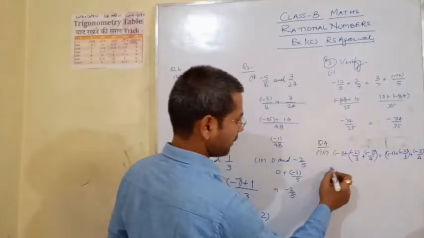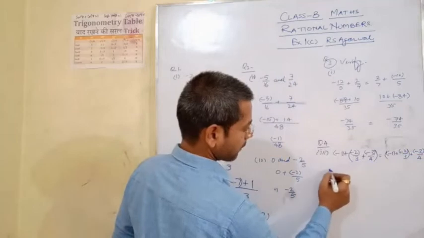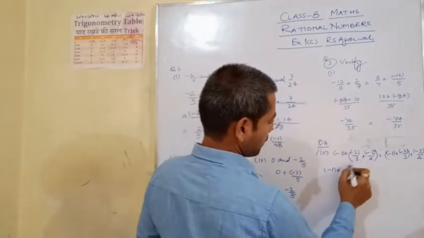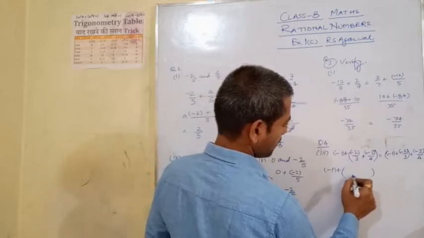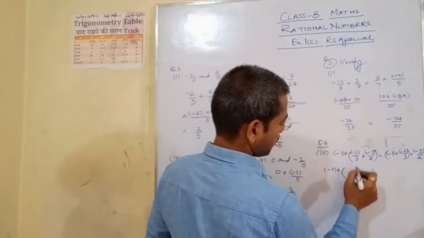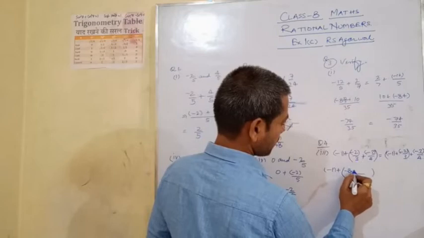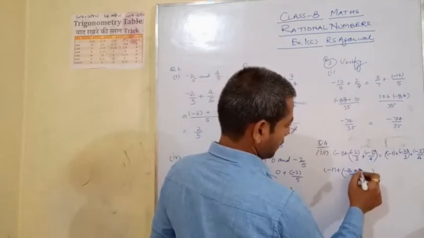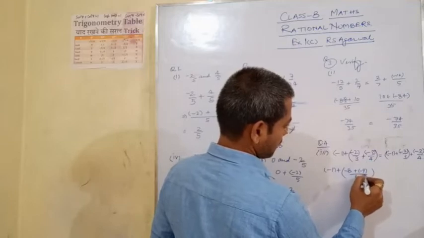See, first we will solve the bracket. Here we will take the LCM. 3 fours are 12, 4 twos are 8, so minus 8, plus 4 threes are 12, 3 threes are 9, so minus 9.